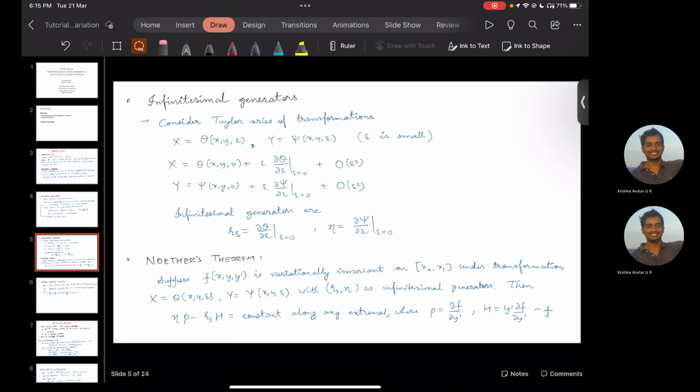And likewise for capital Y. So the infinitesimal generators are xi equals partial theta with respect to partial epsilon at epsilon equals 0, and eta equals partial psi with respect to partial epsilon at epsilon equals 0.